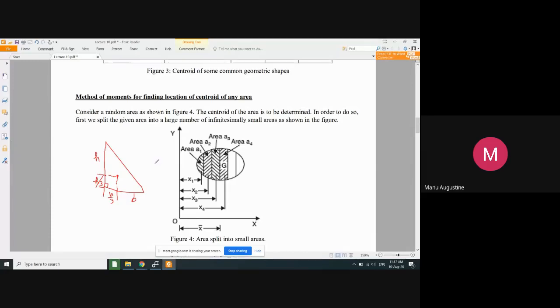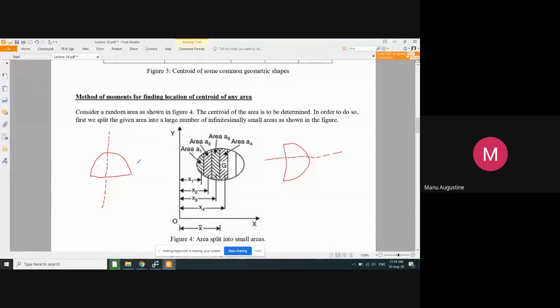Similarly, we learned that for a semicircle, which, as can be clearly seen, is a symmetrical object about the vertical axis. Well, obviously, if the semicircle is drawn like this, then it is symmetrical about the x-axis.